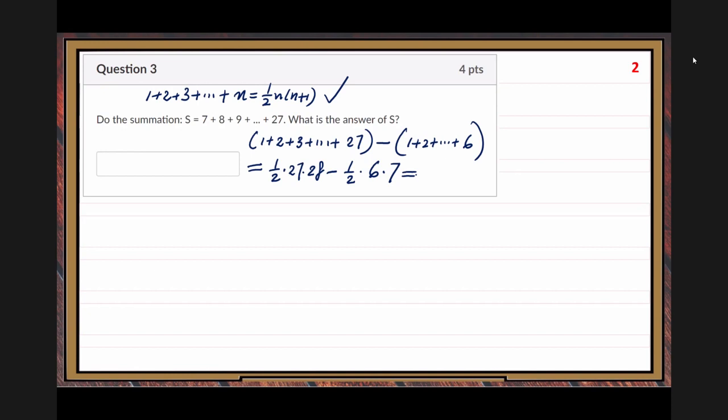Method 1. But there is another simple way. If some students have a little more background knowledge, you read many different books, so you have a broader knowledge background, then those students probably know another formula.